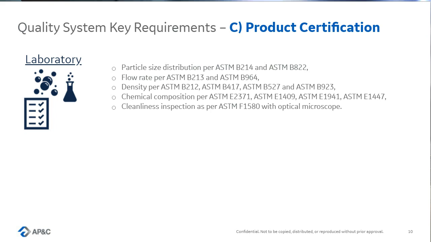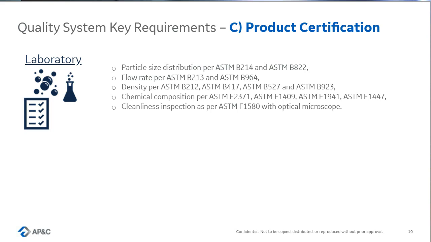And cleanliness. We talked about the risk of contamination, so having a cleanliness method is important to me. What we often use at AP&C is based on ASTM F1580, which is a titanium powder specification for medical that has a very simple but effective way of quantifying cleanliness.